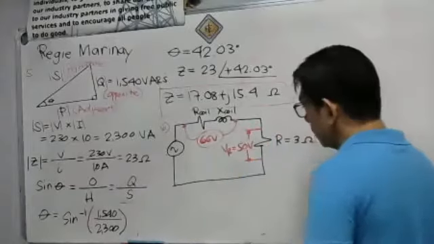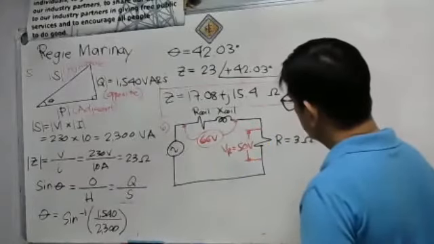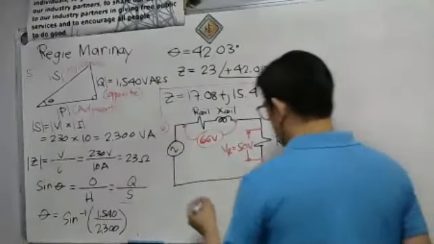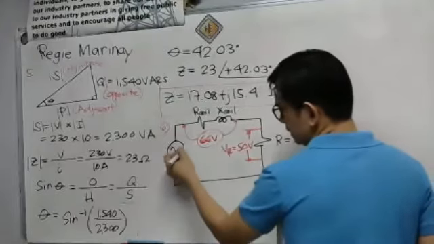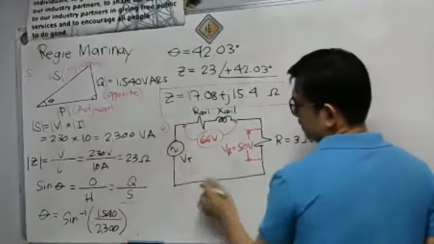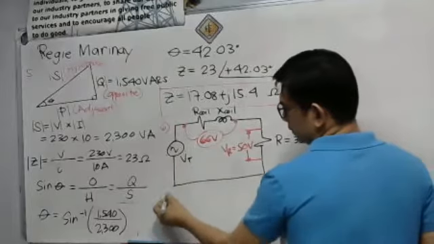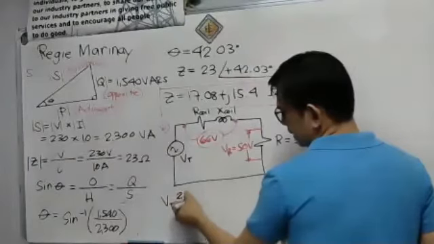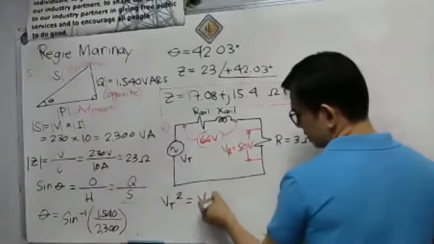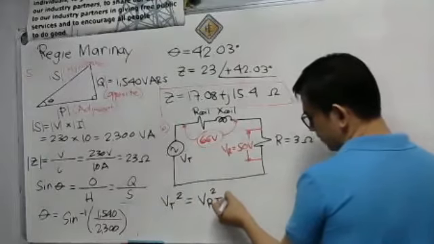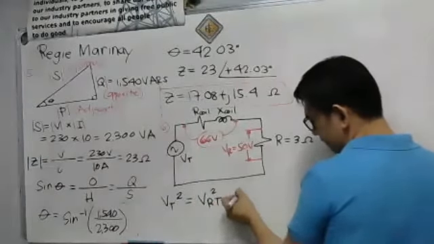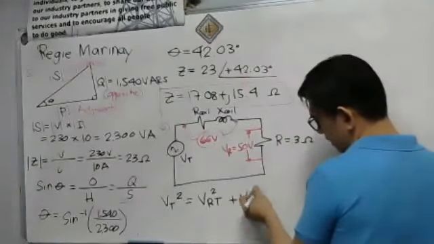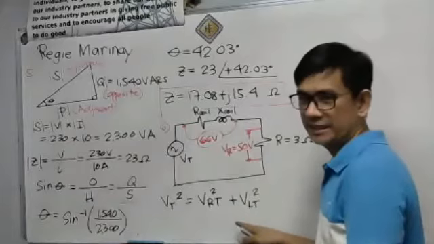So let's have the total voltage. This is our total voltage, by the way. So the total voltage squared is equal to the VR total squared plus VL total squared. This is a formula for a series RL circuit.